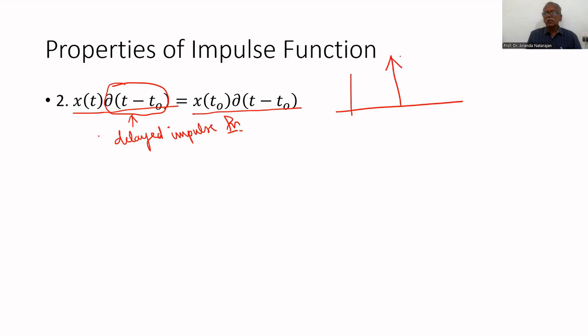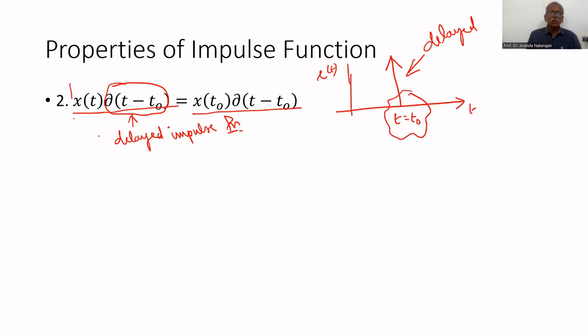This is an impulse function. The impulse function will be drawn like this. At t equal to t naught, this will exist. It is a delayed impulse function. So this will exist only at t equal to t naught.